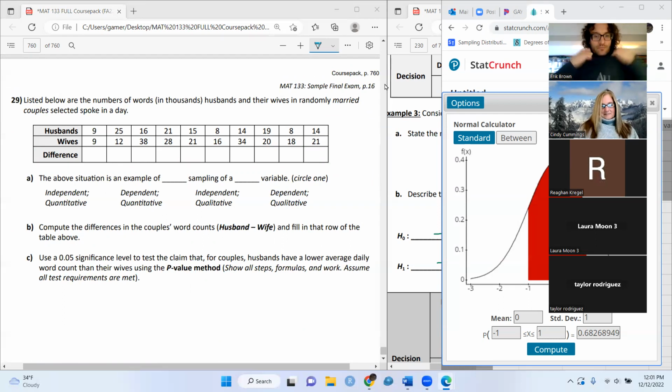And so for H0, I did mu of H equals mu of W, like husbands, wives. And for HA, mu of H is less than mu of W, because they're saying that wives talk more, the words a day. And so this all needs to go in.